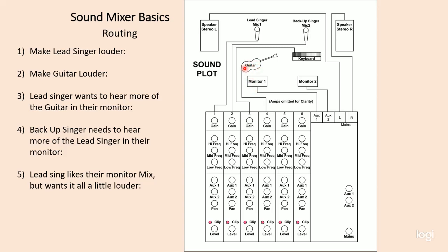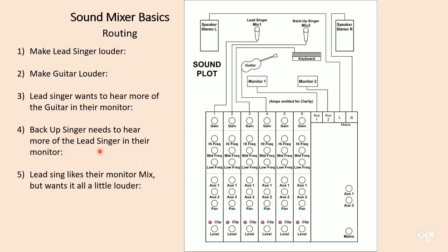So here's my guitar signal coming into channel 4. If I go down to auxiliary 1 and I turn up auxiliary 1, it's going to send more signal to my auxiliary 1 mains, which sends more signal out of my auxiliary 1 and more signal into the monitor 1, which is the lead singer's monitor speaker.